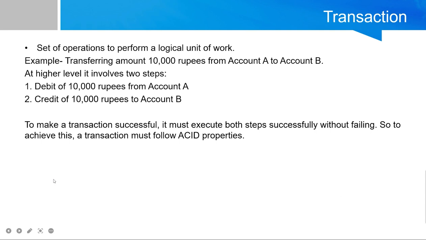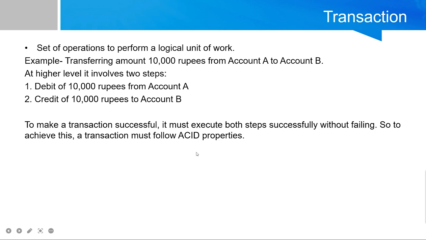In the whole discussion of ACID properties, we are going to consider the same transaction example: transferring 10,000 rupees from account A to account B. We are abstracting this at an upper level, not going into the detail of what the database is doing behind the scenes.